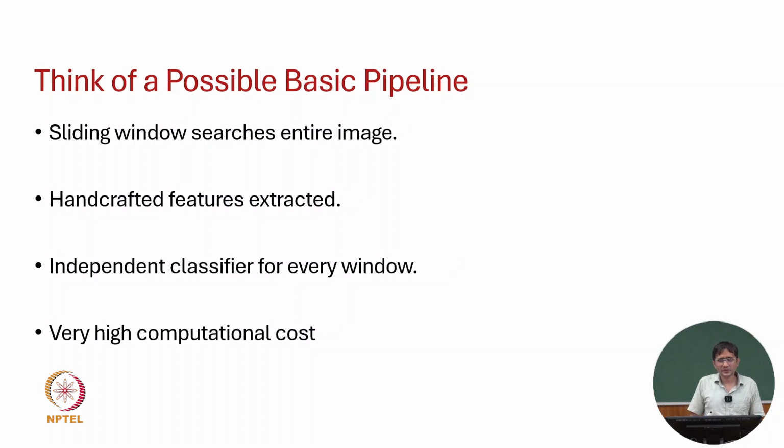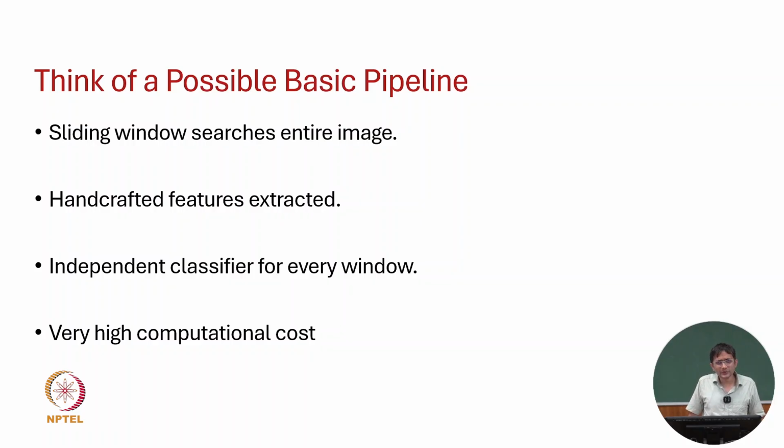So the window is of course much smaller than the image itself, but the window goes across the image and searches the entire image. Handcrafted features are extracted, or somehow features are extracted, and let's say independent classifiers are applied for each of these windows.